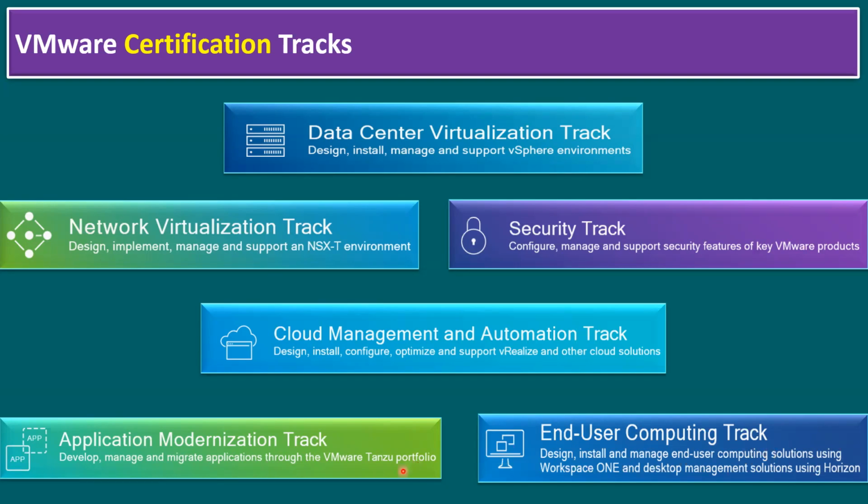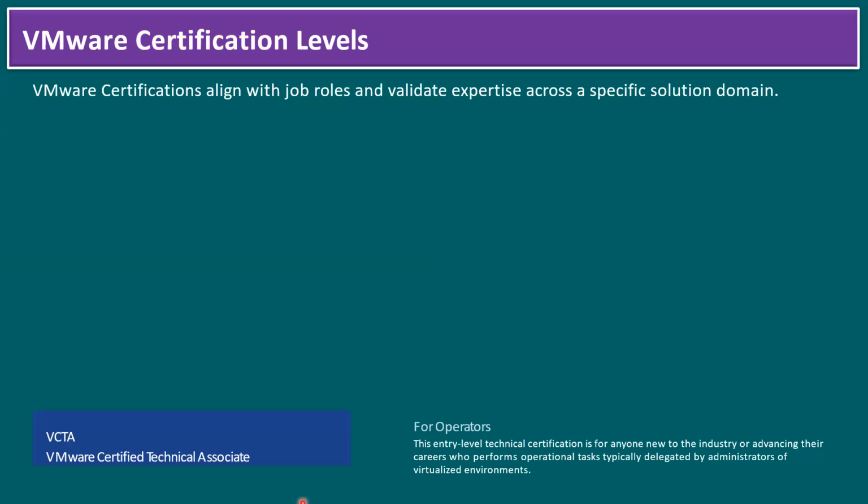Okay, now let me talk about VMware certification levels. Irrespective of the track, whether server virtualization, network virtualization, app modernization, end user computing, security, or CMA, within these six tracks, if you want to start your career, you can start from a basic certification first. The entry level certification is VCTA, VMware Certified Technical Associate.